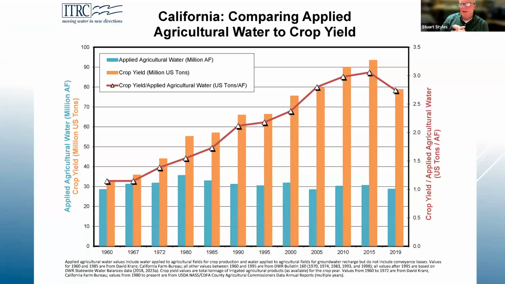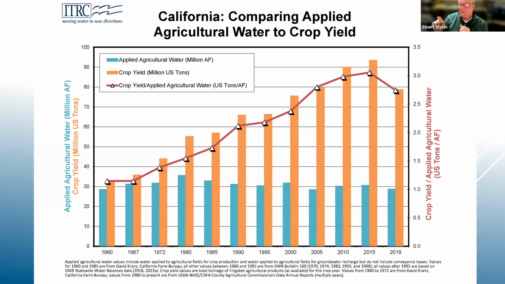This curve's got a lot of information on it, but I'll try to boil it down to a couple of key points. So we were tracking the water use in California since 1960. And it's got a 5-year lag in it because it takes 5 years for the DWR folks to put together their data sets and let us use them for a report. And so you can see the orange bars are the tonnage of crops being grown in California. And then the blue line represents that slightly decreasing amount of total water that we use in agriculture.